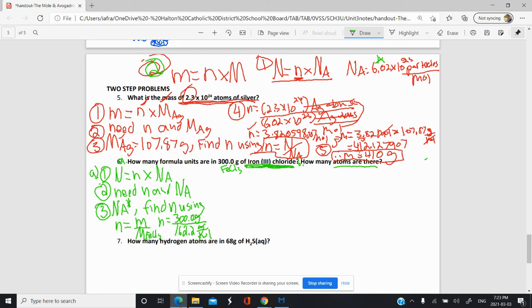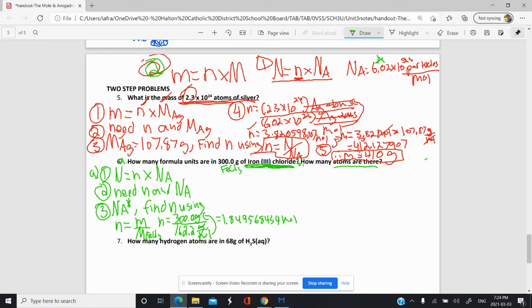Cross grams out, mole remains. And so we get 300 divided by that answer. And that will give us that the number of moles is 1.849568434 moles.